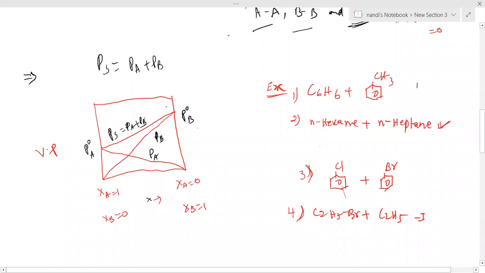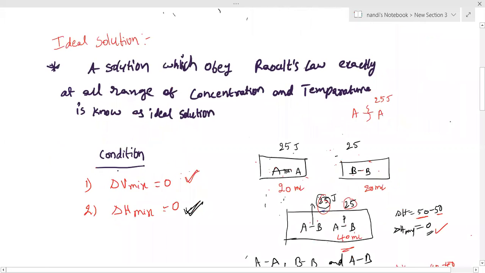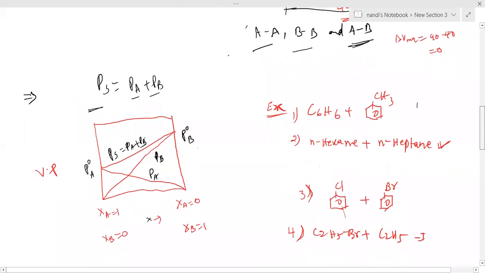There is no deviation; it is exactly equal. A creates some vapor pressure and B creates some vapor pressure. That is ideal behavior.